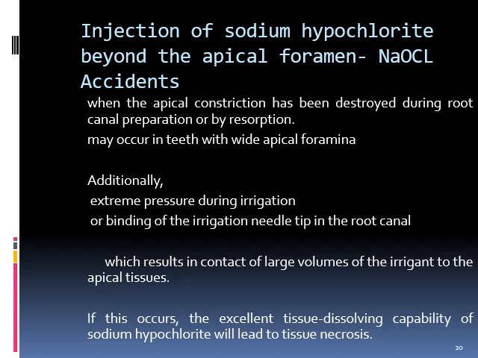Additionally, the solution can go beyond the apical foramina by extreme pressure during irrigation or binding of the irrigation needle tip in the root canal. This results in contact of large volumes of the irrigant with the apical tissue. So if this occurs, the excellent tissue dissolving capability of sodium hypochlorite will lead to tissue necrosis.